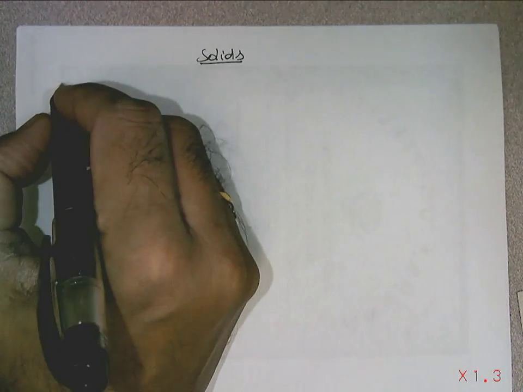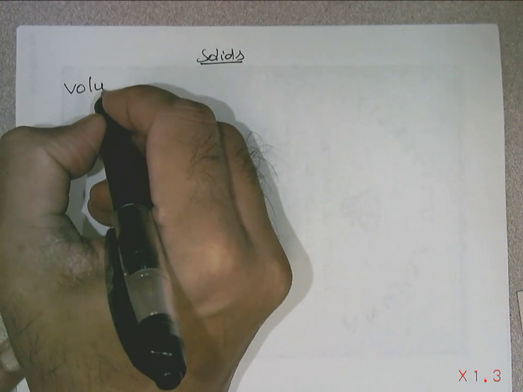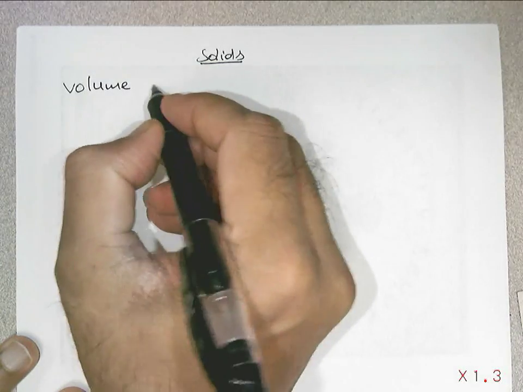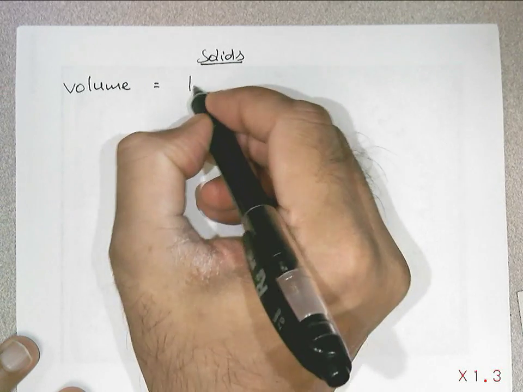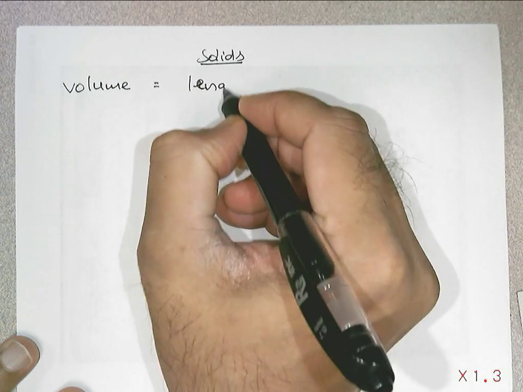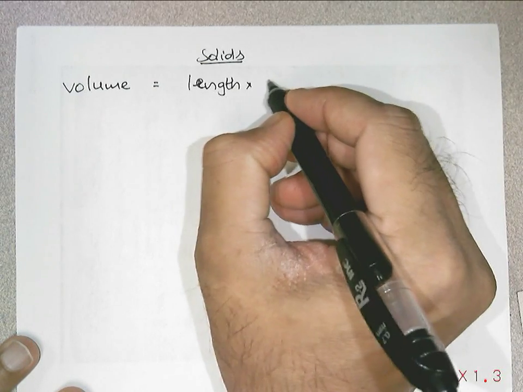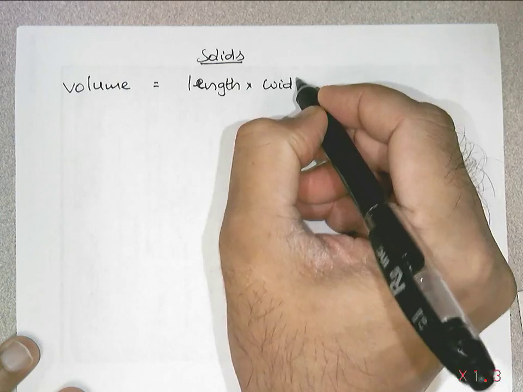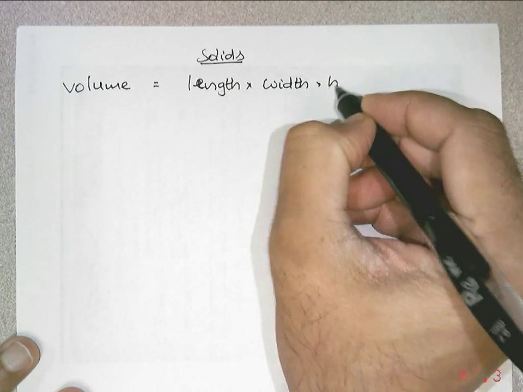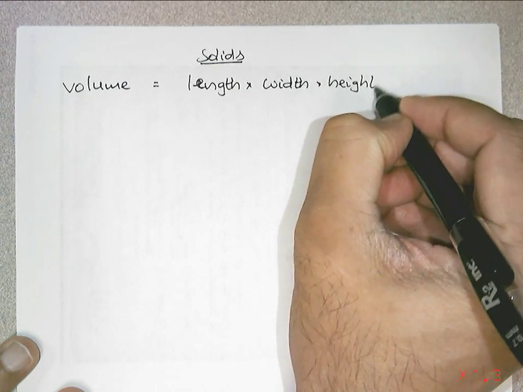When we talk about volume, immediately an idea comes to your mind that it is the product of length times width times height.